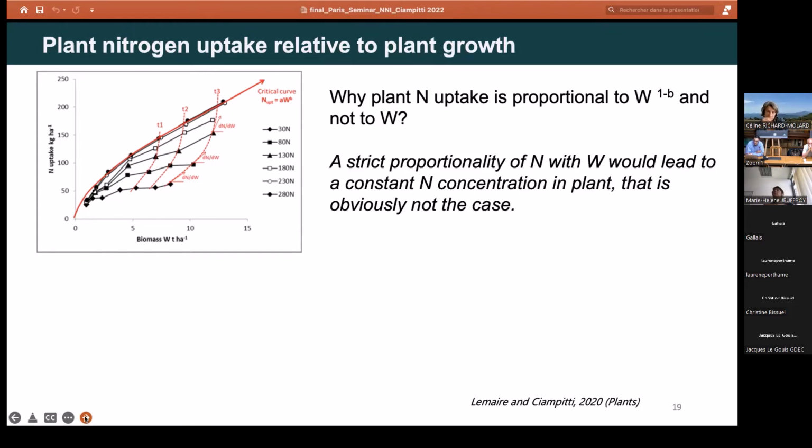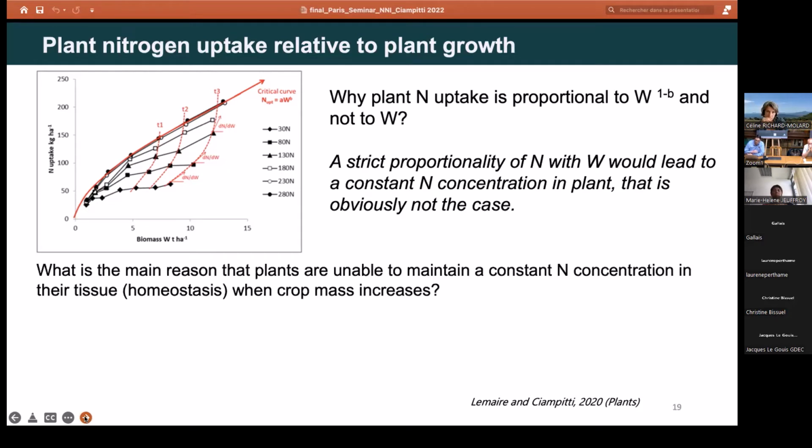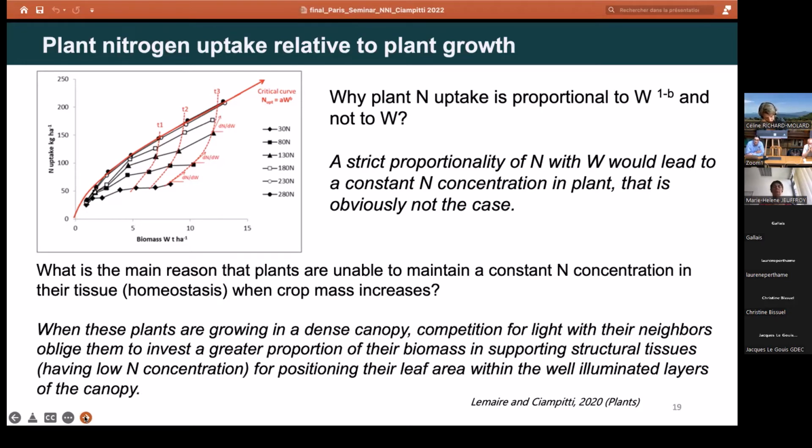And today we know that if it was a strict proportionality, that would lead to a constant concentration in the plant, but that is not the case. We know that the main reason is, in many situations, the canopies cannot maintain this concentration or homeostasis. And in many situations, competition is one of the big factors. When we have competition for light, the plants are investing more in structural tissues that have low nitrogen concentration relative to metabolic tissues.